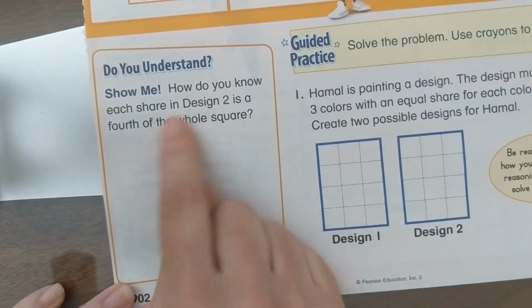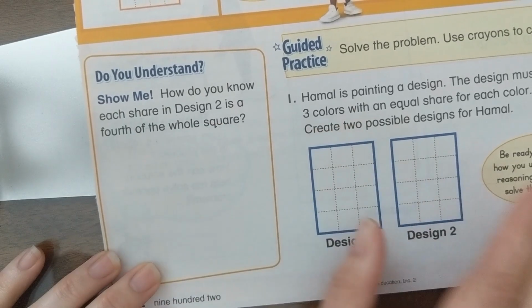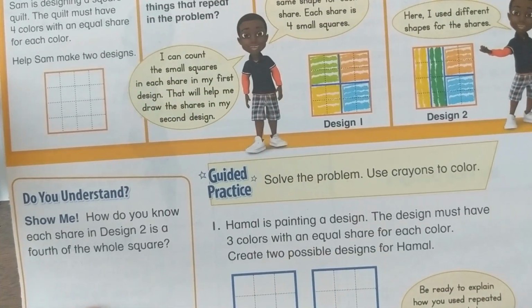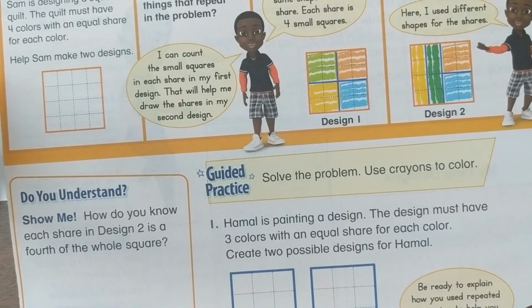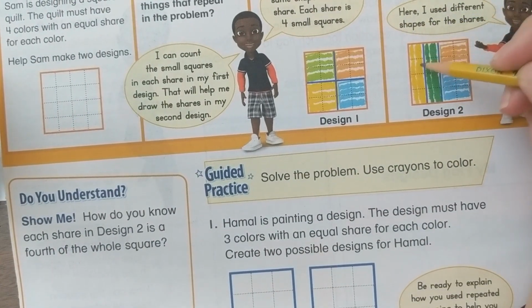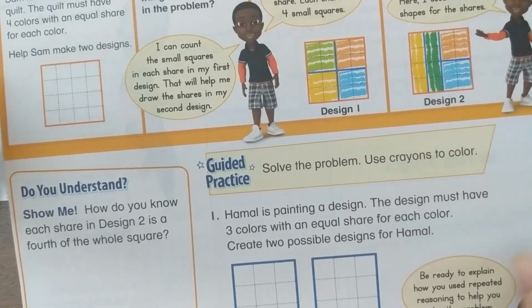Okay, how do you know each share in design 2 is a fourth of the whole square? How do we know each one of these pieces equals 1/4? Well, we know because it has the 4 boxes. Each share has 4 boxes.